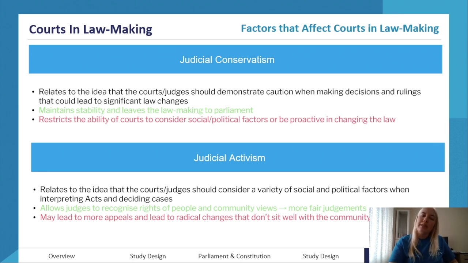So, conservative judges view lawmaking as strictly the role of parliament, and they prefer to avoid creating any new precedents or making any changes to common law. So they will be really cautious and really conservative. They try to keep the law stable and leave changes to lawmaking to parliament.